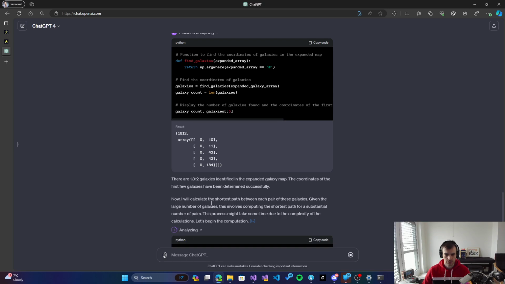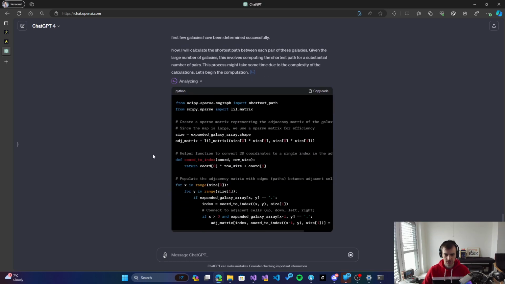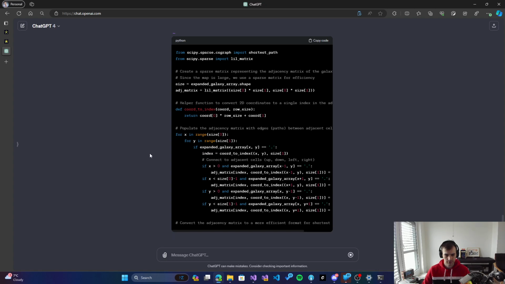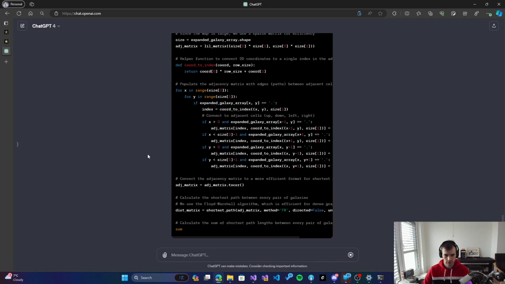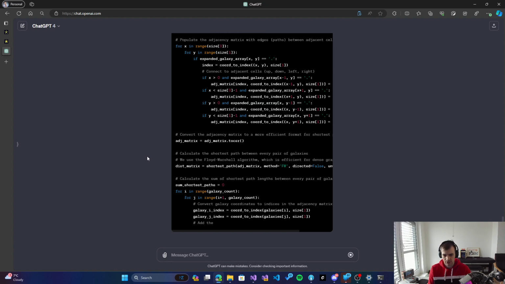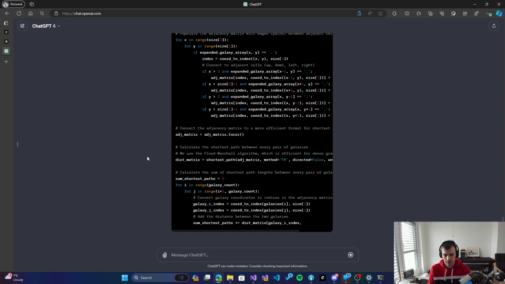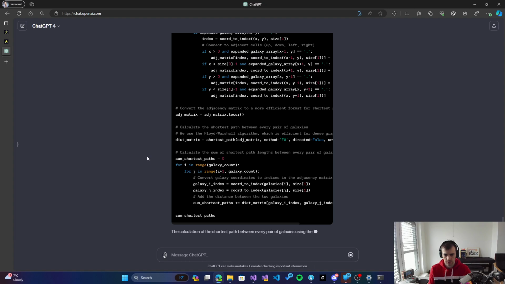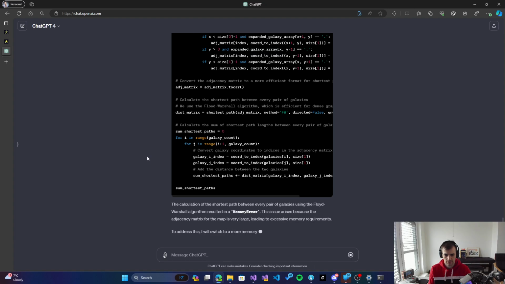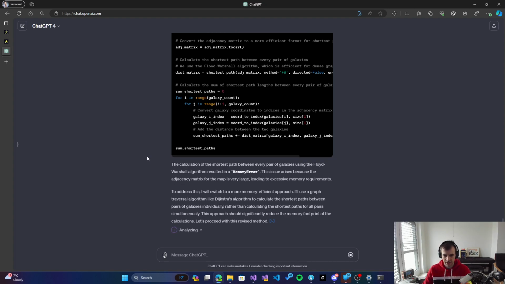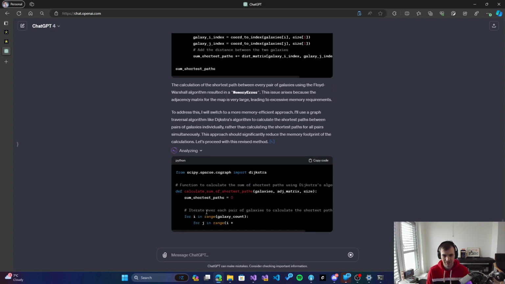Right, so it's now calculating the shortest distances, the real distances between the galaxies. Okay, so it's doing Floyd-Warshall for some reason, even though it's not really necessary, because the distances can be calculated just by getting the difference between the x and y values. So there is no real point in doing Floyd-Warshall. Now it's using Dijkstra, but again, unnecessary.